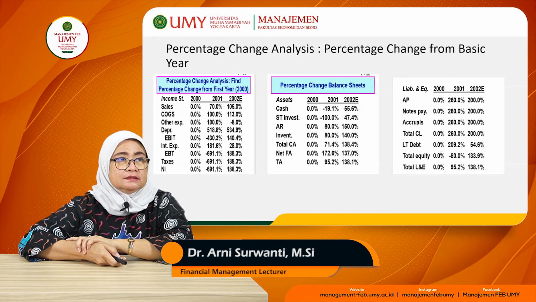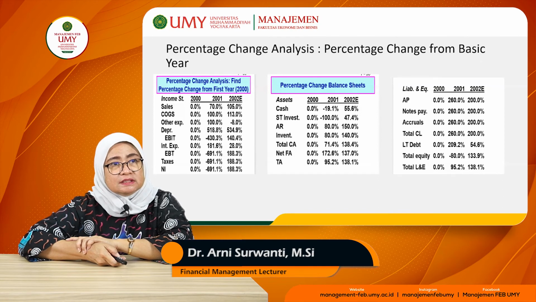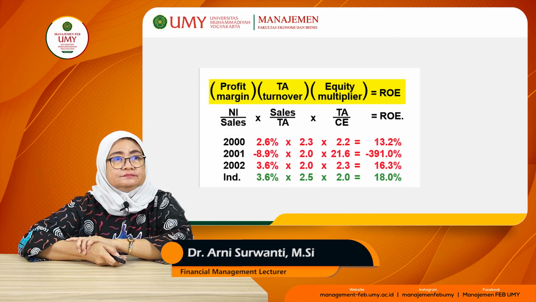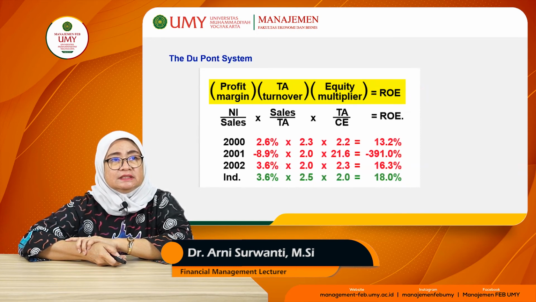We can use percentage analysis for the balance sheet and also for the income statement. Dupont System. Dupont System is an analysis that includes profit margin, total asset turnover, and equity multiplier, which give impact to return on equity.